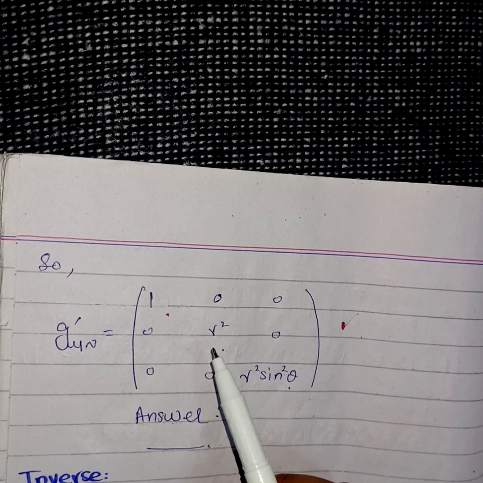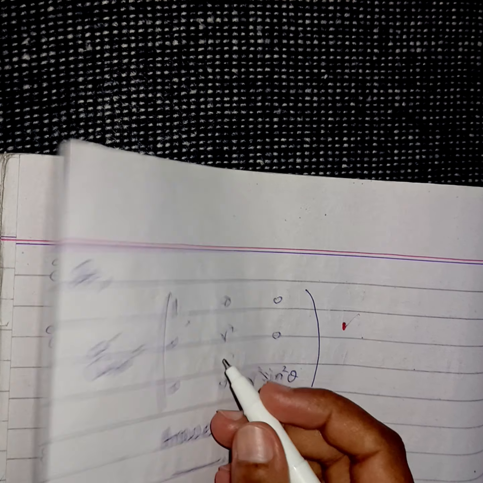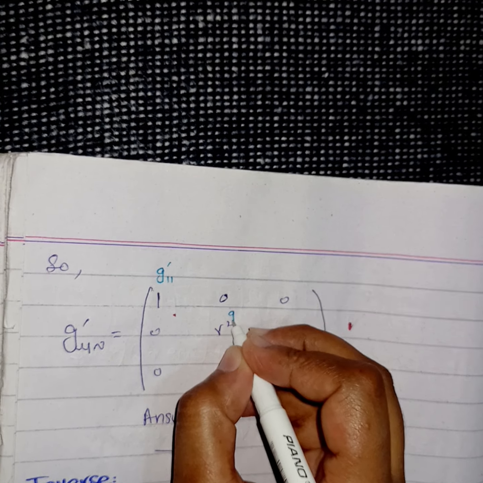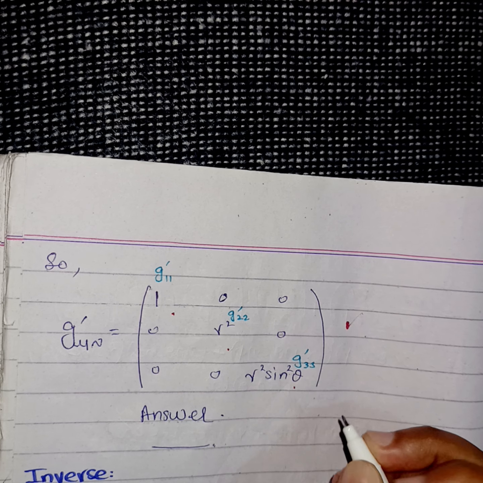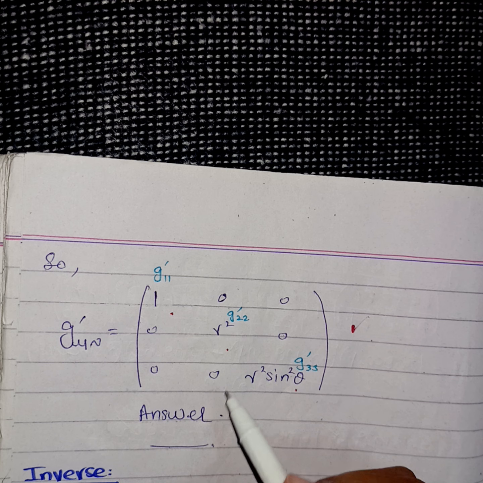At the end we are left with g'μν, where this is the value of g'11, this is the value of g'22, and this is the value of g'33. Only the diagonal entries are retained, and all the other entries become equal to 0, as I have shown earlier.